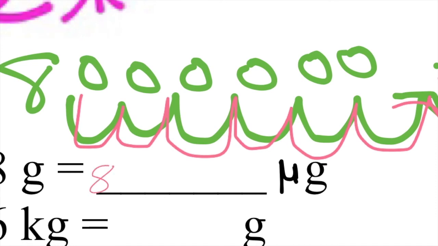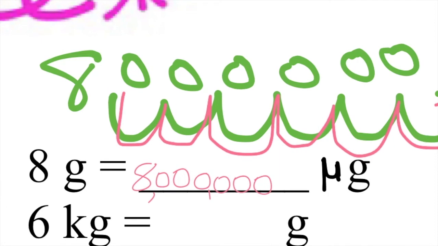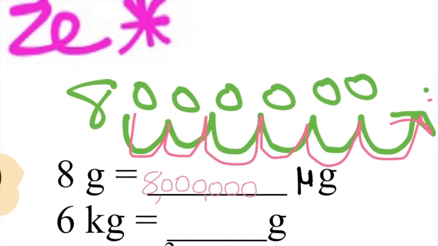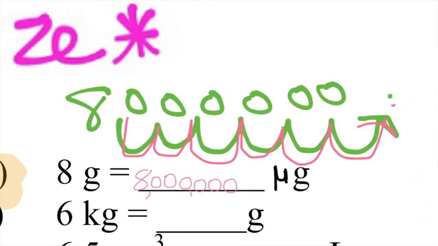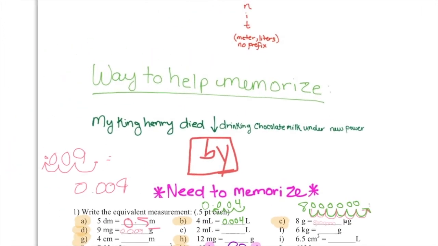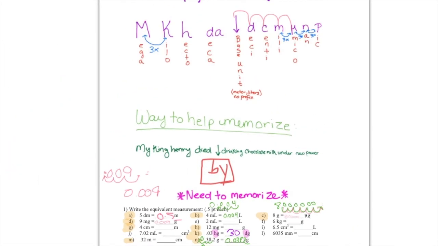Put your commas here, and you have 8 million micrograms for every 8 grams, okay? So the big thing here is to make sure that you guys are starting in the right place, ending in the right place, and again going in the right direction.